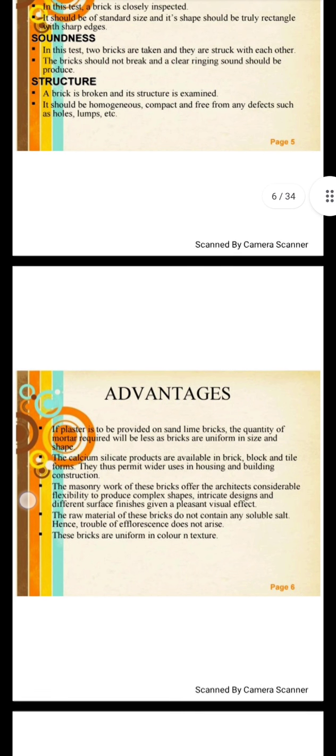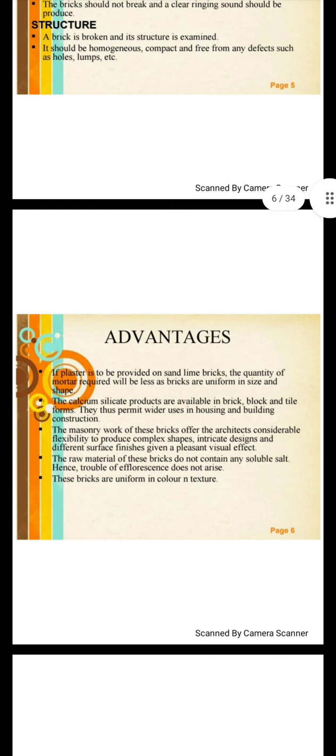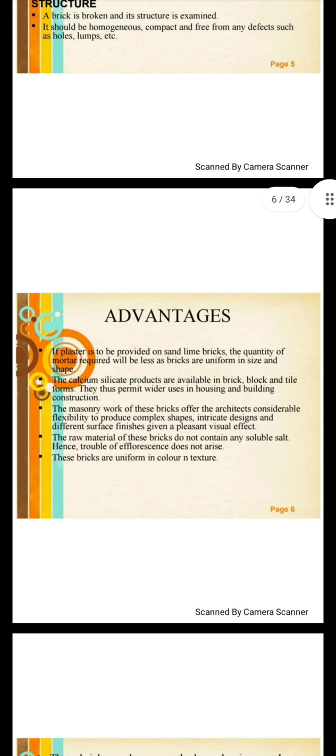Next, we are going to discuss the advantages of good brick. If plaster is to be provided on sand lime brick, the quantity of mortar required will be less as bricks are uniform in size and shape. The calcium silicate products are available in brick, block, and tile form.